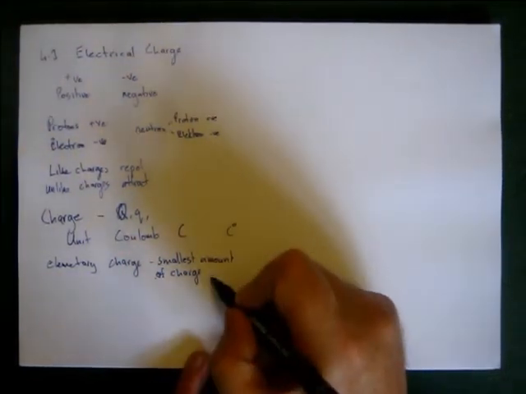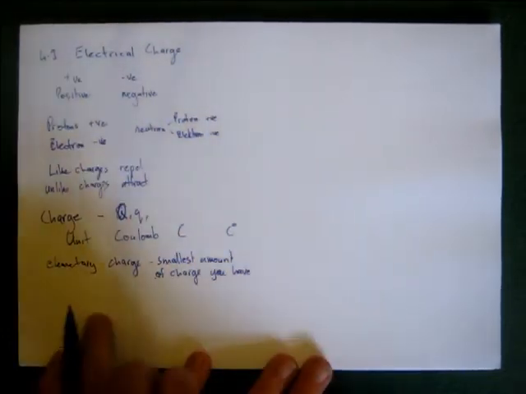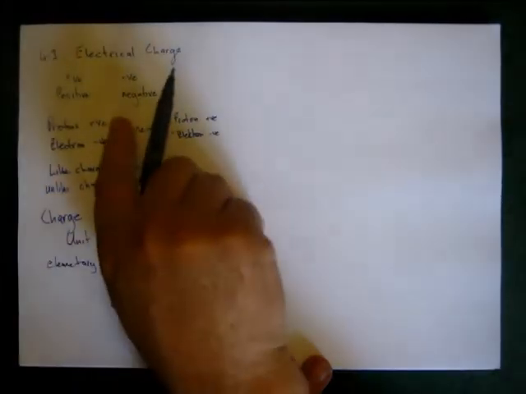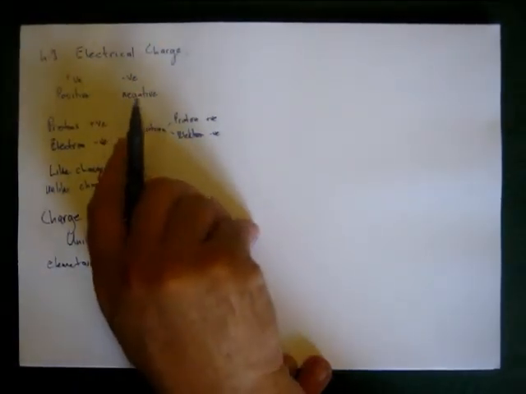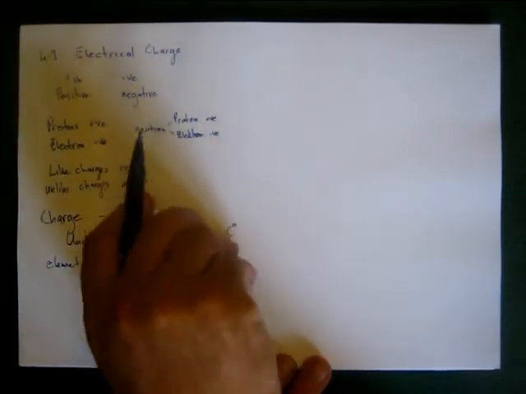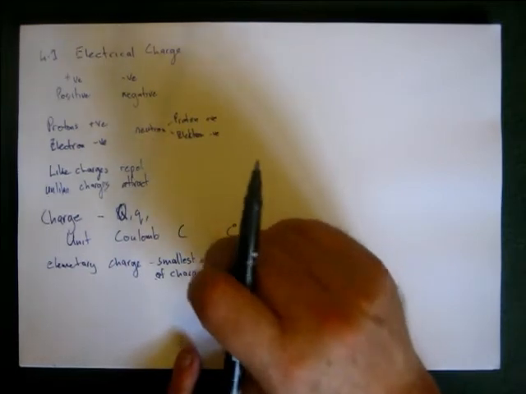Basically, the elementary charge is the same charge as a proton or an electron, the difference being whether it's positive or negative. So the elementary charge is the smallest amount that you can have.